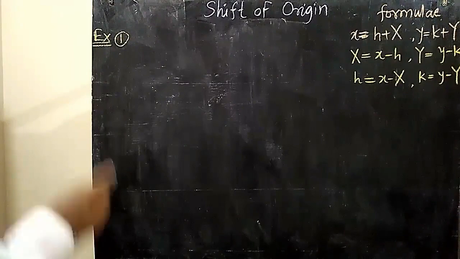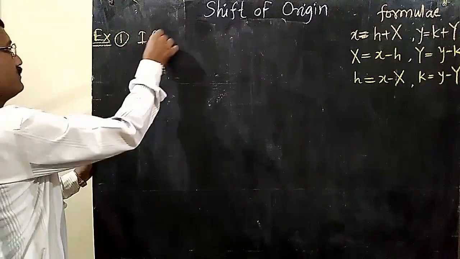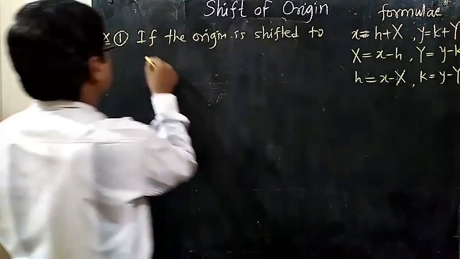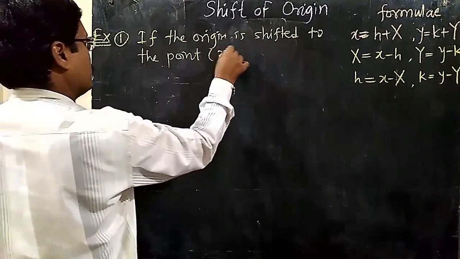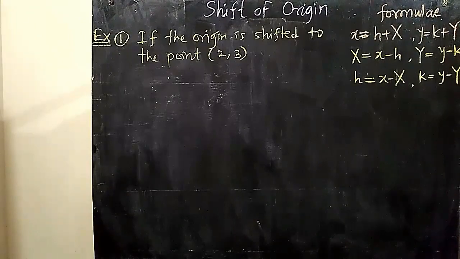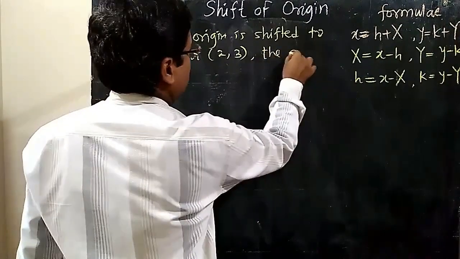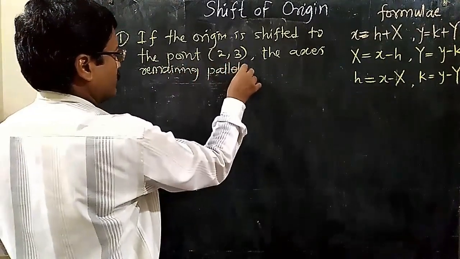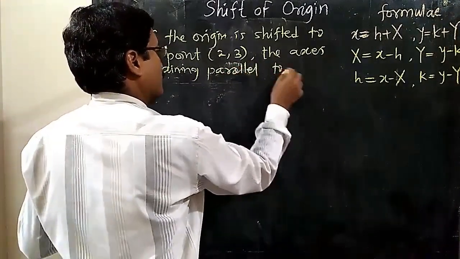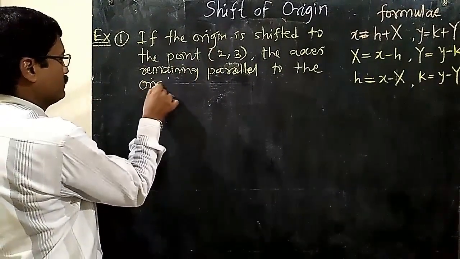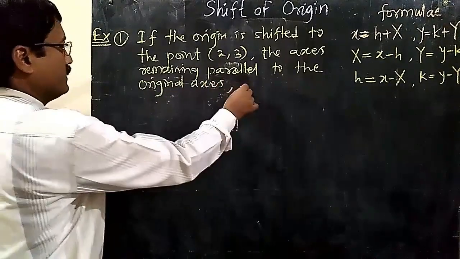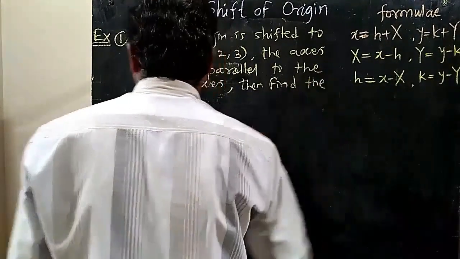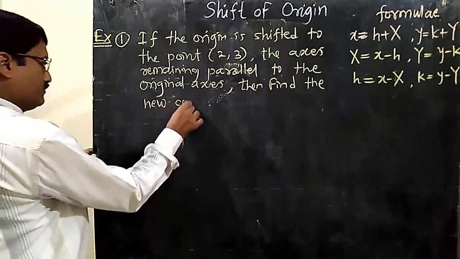Let us see example number 1 on the first formula. If the origin is shifted to the point (2, 3), the axes remaining parallel to the original axes, then find the new coordinates of the points.